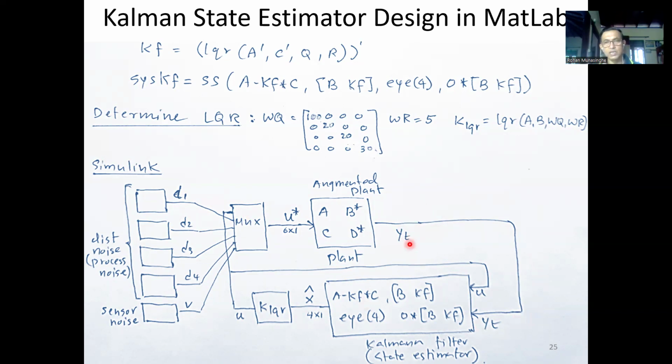All other 3 states are not measured. This one signal goes over here to the Kalman filter and it produces all 4. With all 4 states estimated, you can run the LQR. Otherwise, you can't have LQR. All right.